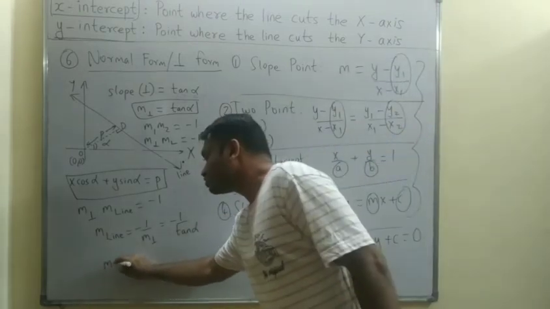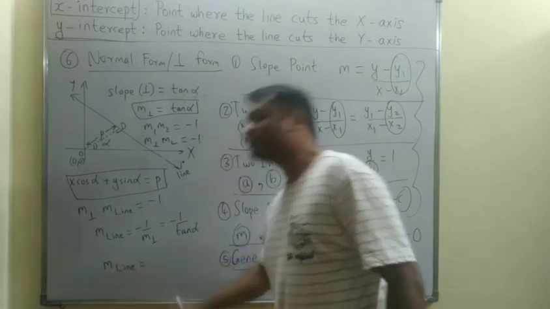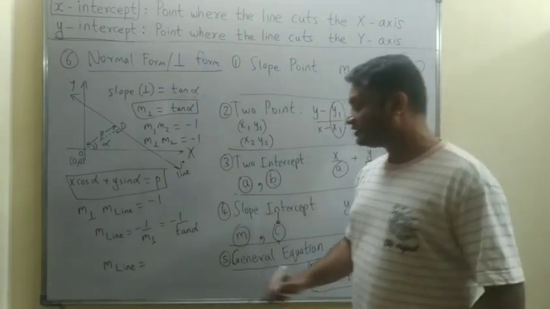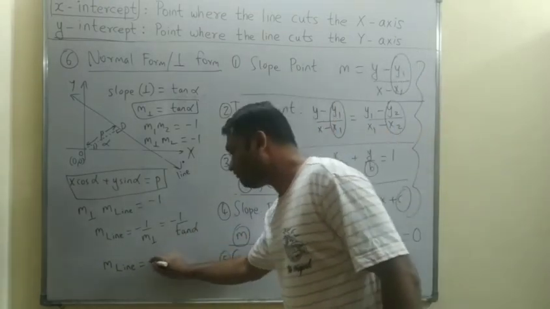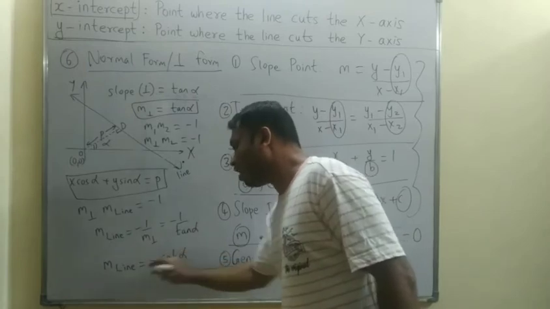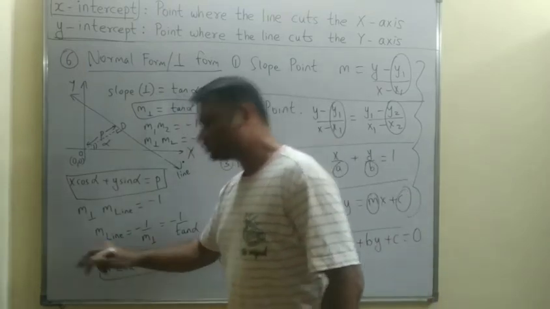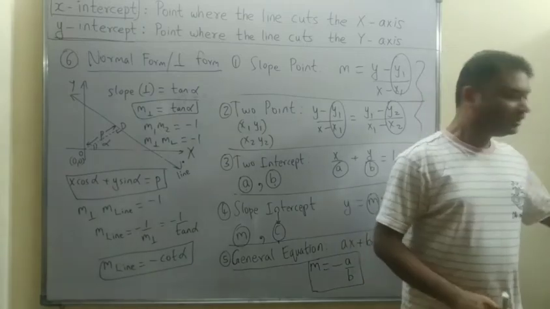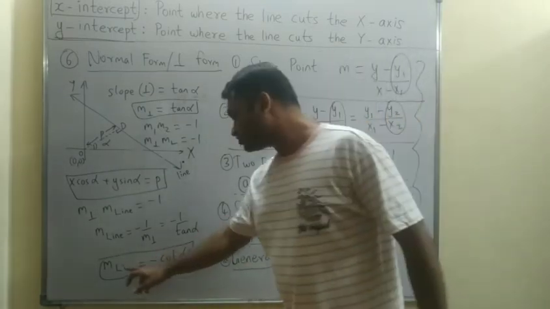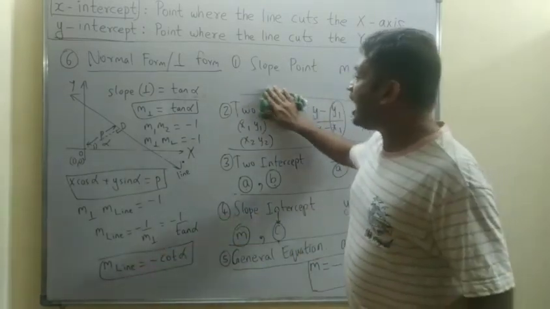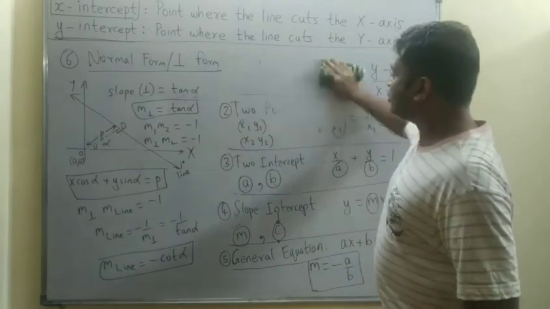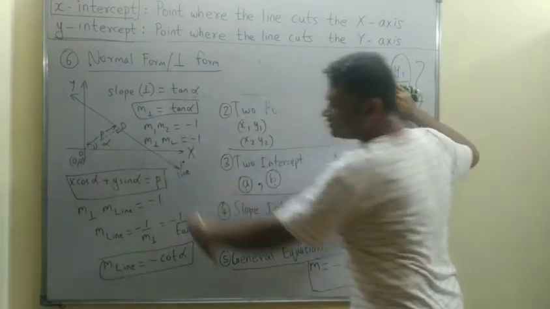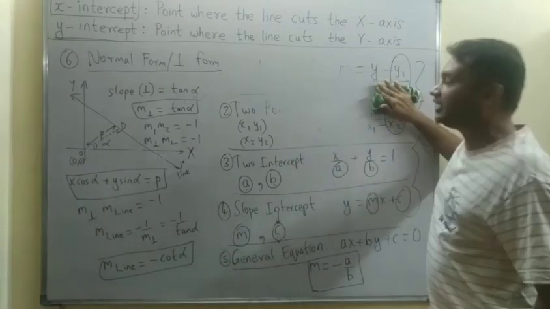So the slope of this line whose equation I want to get is -1 upon tan alpha, which is minus cot alpha. So this is the slope which we have found. The slope of the line is minus cot alpha. I want to find the equation of line which is having a slope minus cot alpha.